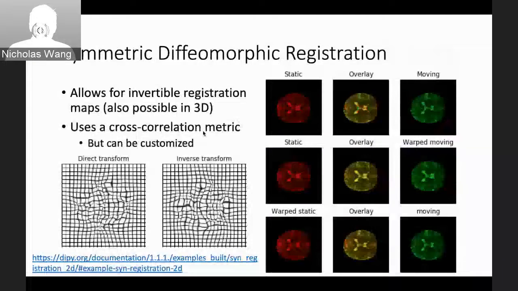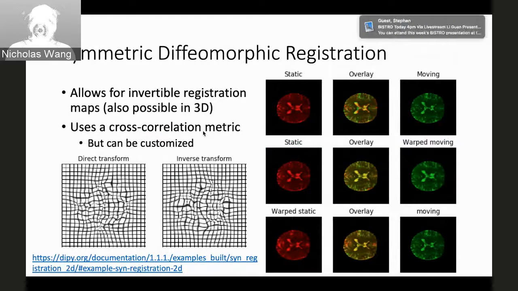And so DIPy provides some nice toolkits for doing so. And you can see this symmetric diffeomorphic registration, which is useful because, again, it's invertible, so you can have a forward and reverse transform. It's less straightforward than an affine matrix, but the idea is similar.